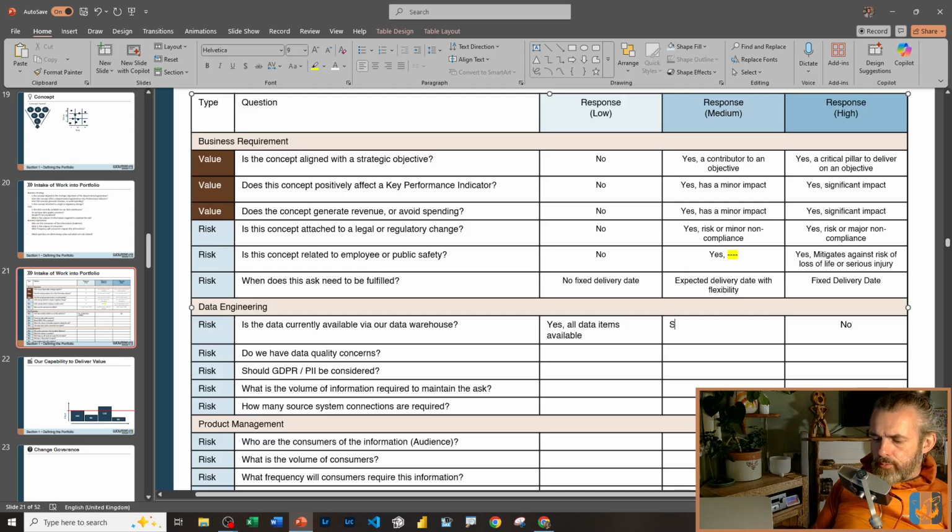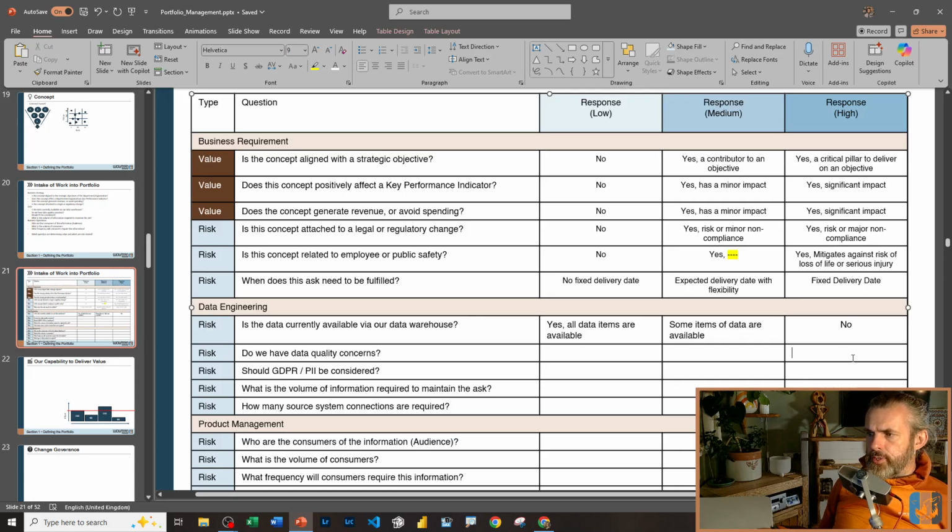I suppose the medium response is some items of data available. Yeah. So it's either all there, some of it's there, or none of it's there.